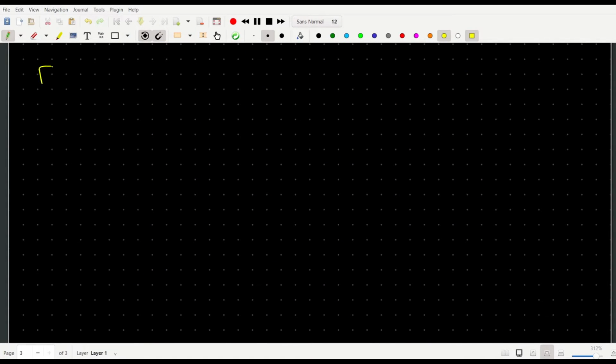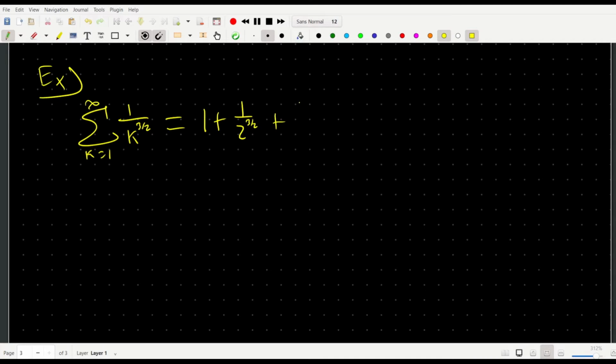So for example, if you write down the infinite series 1 over k to the 3/2 from k equals 1 to infinity, this is going to converge. This is the series 1 plus 1 over 2 to the 3/2 plus 1 over 3 to the 3/2, and so on and so forth all the way to infinity.